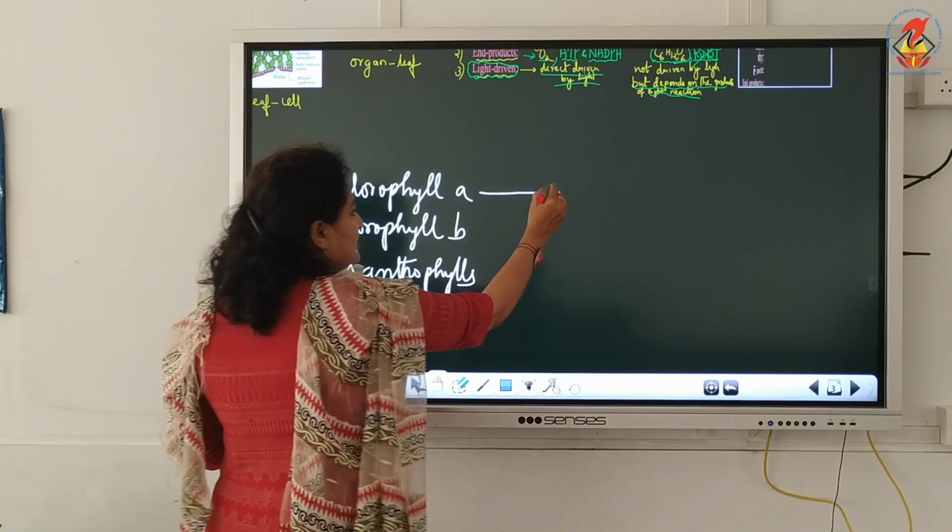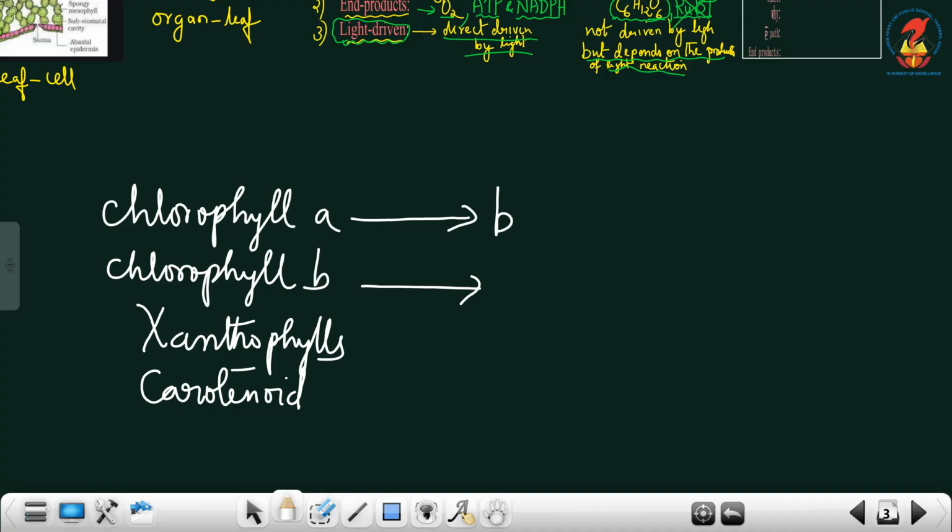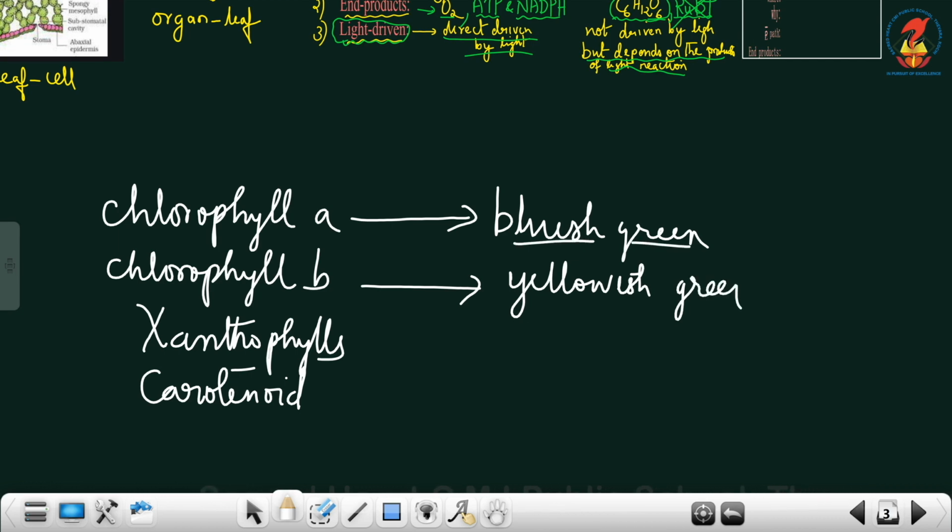They differ in color. Chlorophyll A is bluish green, chlorophyll B is yellowish green. So both are green pigments, but the shades are different. Xanthophylls are clear cut yellow in color and carotenoids are orange.